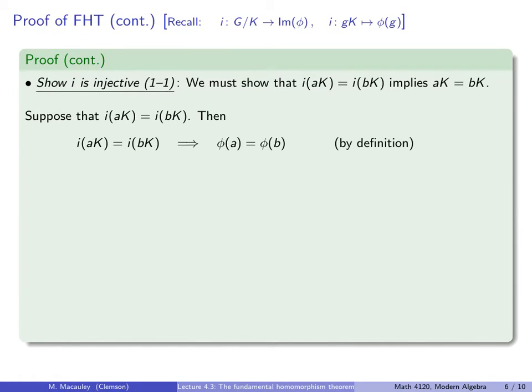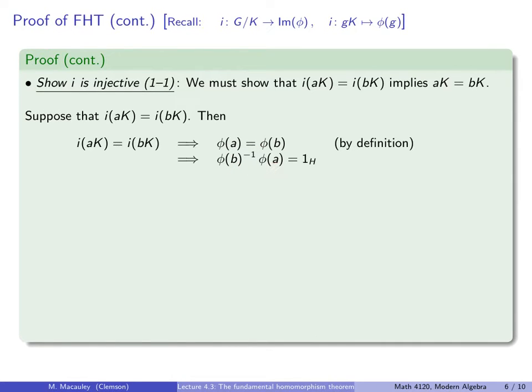Well, then by definition, I of AK is phi of A, and I of BK is phi of B. So let's multiply both sides of this equation on the left by phi of B inverse, and then we get the identity on the right, of course. So now what do you want to do when you see this?